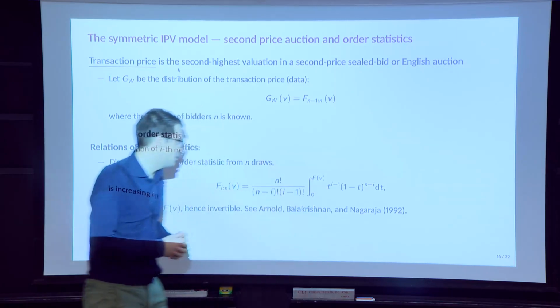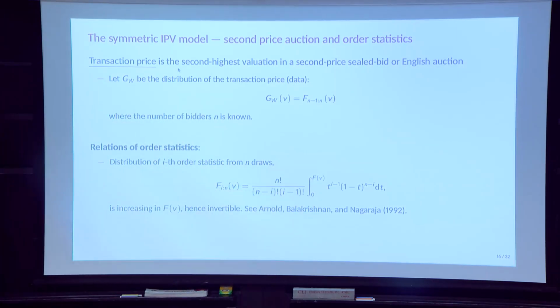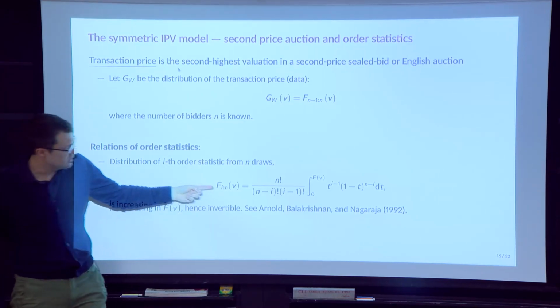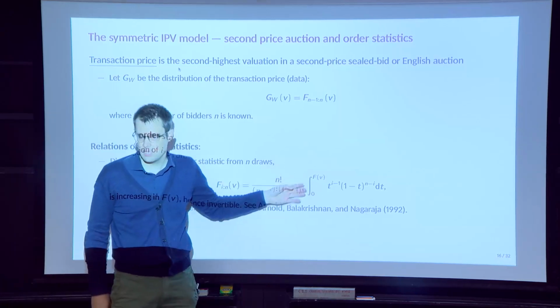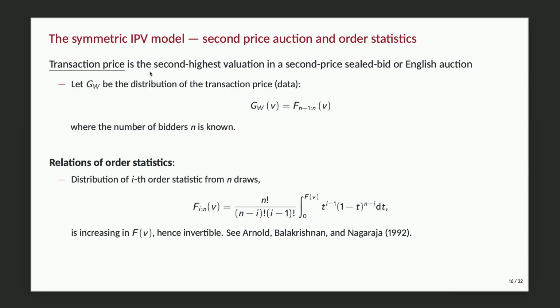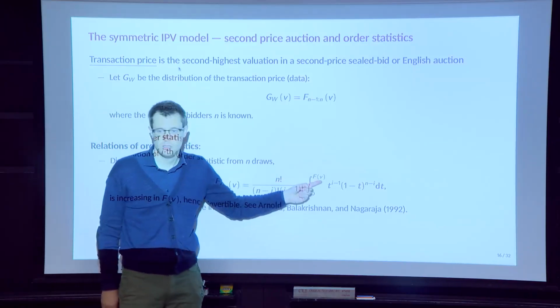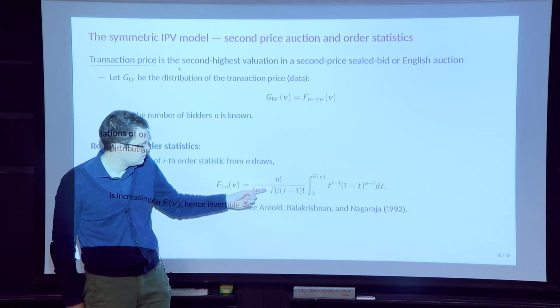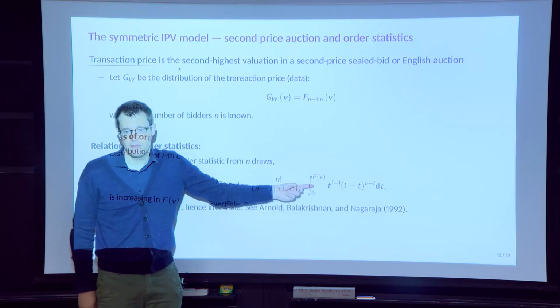So can I make progress here? The answer is yes, because of this result. I think Glenn in his lecture had also an expression for order statistics. This is yet a different expression for order statistics. It makes it pretty clear why from any order statistic we can identify the underlying distribution. If you stare at this expression, everything on the right-hand side is known except for f of v. I know n, and I know which order statistic I observe. And this here is an integral that's strictly increasing in f of v.